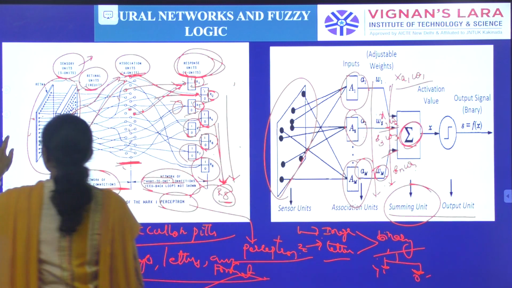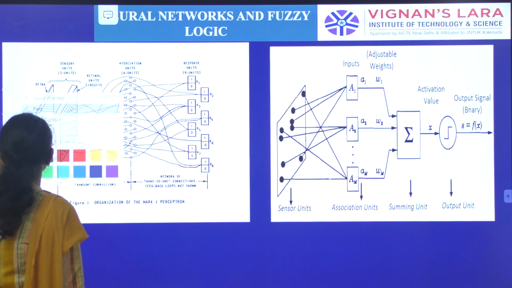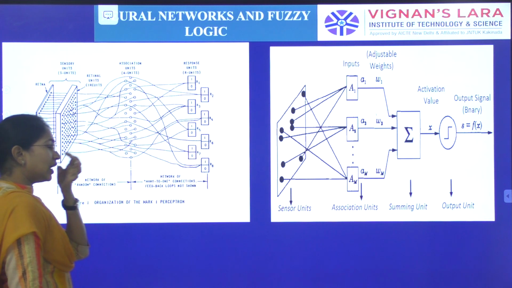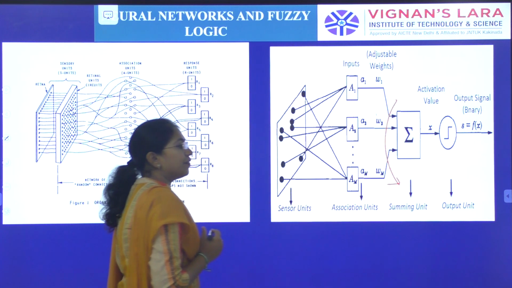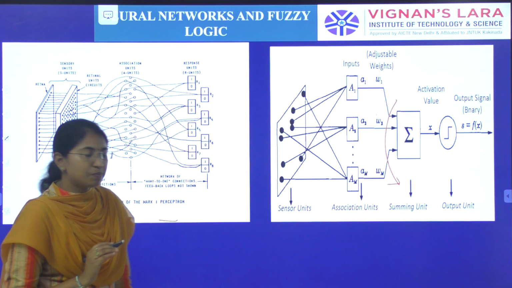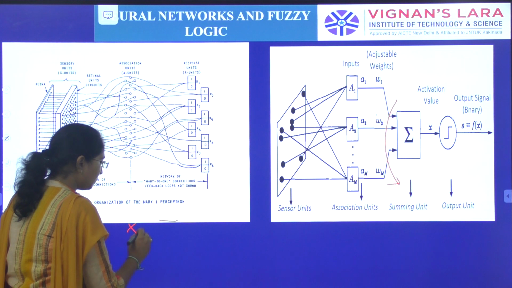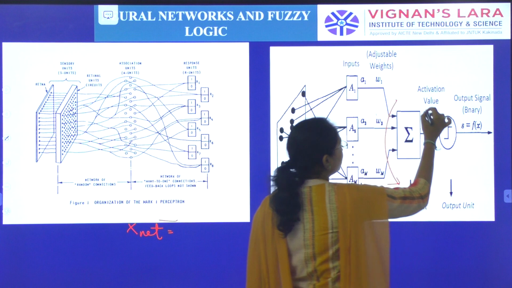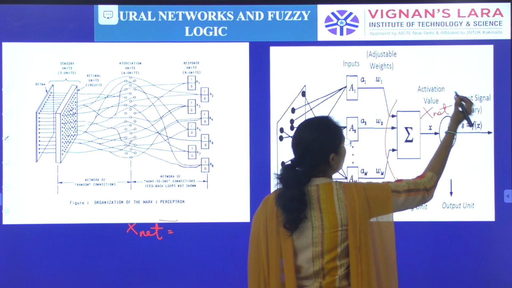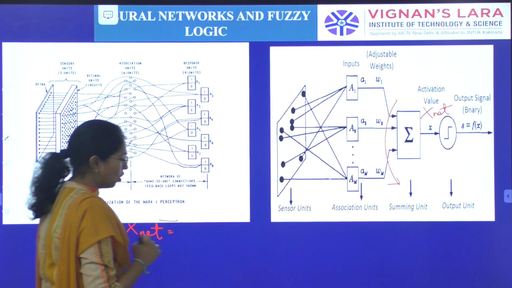Once the input is obtained at the summation block, the entire input data will be summed up and then xnet will be calculated at the output of the summation block.